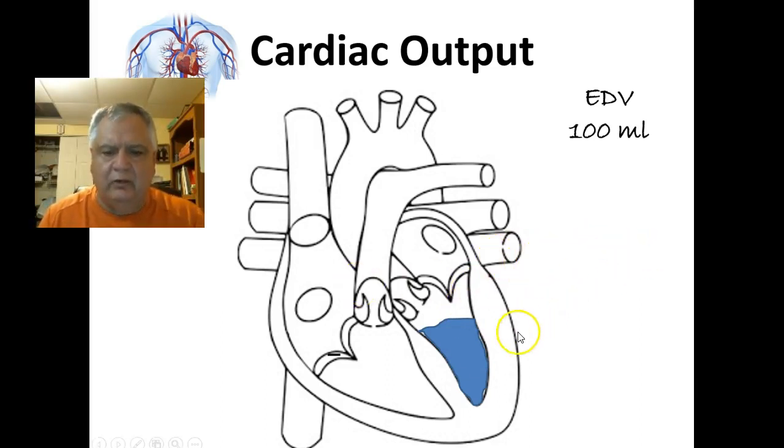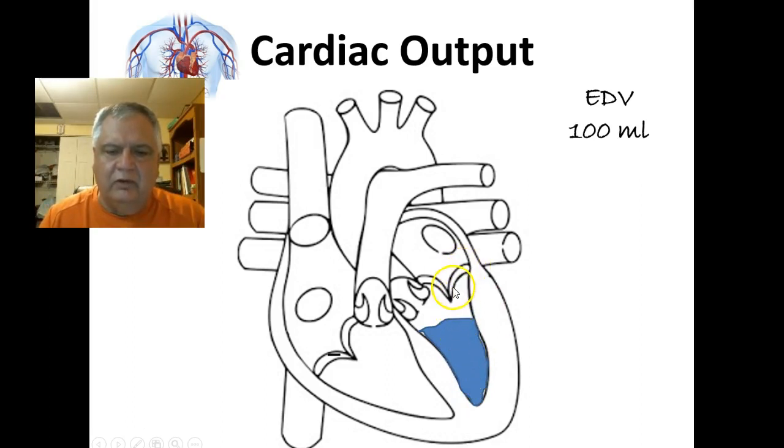Okay, so what happens next? The signal travels down the bundle branches and now shoots into the muscle fibers from the Purkinje fibers, and the ventricle begins to contract from apex back up toward the base. As it does, it's going to increase pressure.